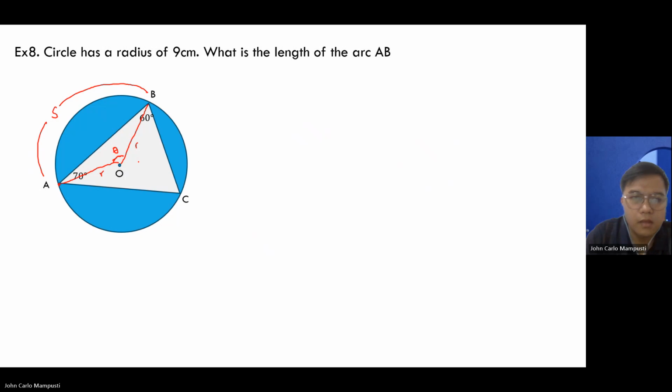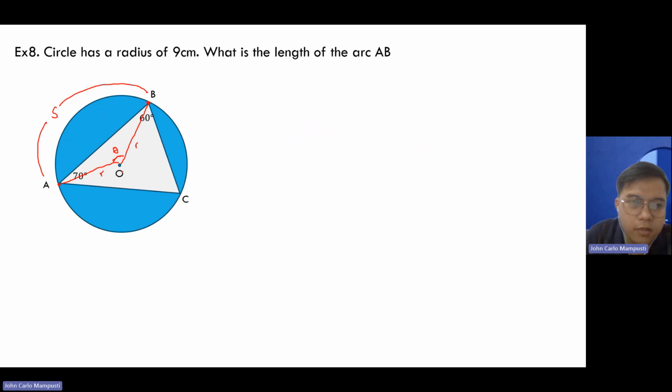number 1, okay? As you can see, yung chord AC natin or yung side ng triangle natin, AC and chord or side ng triangle BC natin is just the chords, no? So this one, yung arc nito sa circle is AB. Yung dalawang chord na to, AC and BC, yung arc niya is yung AB.